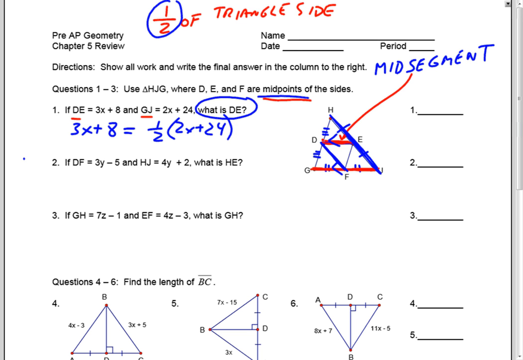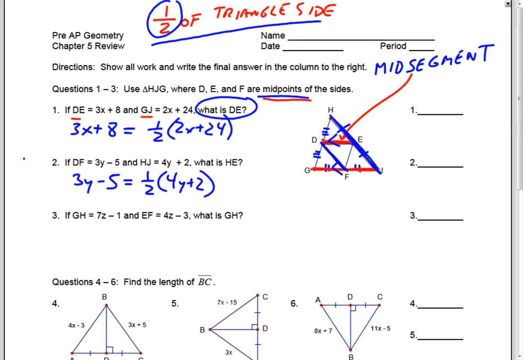It's still a mid-segment. It's still connecting midpoints, so this rule still applies. It's half of the triangle side. DF, which is 3y minus 5, is equal to half of HJ, which we're calling 4y plus 2.